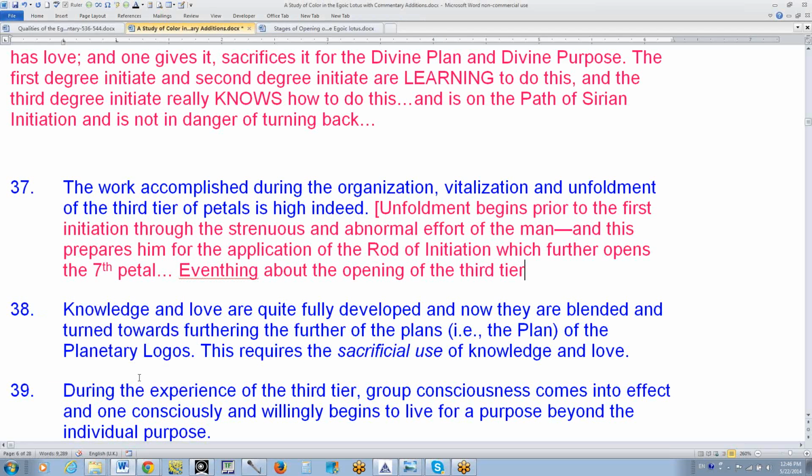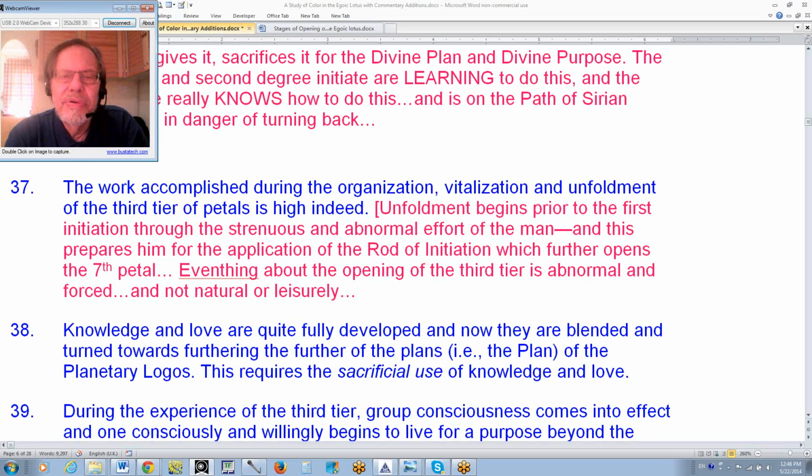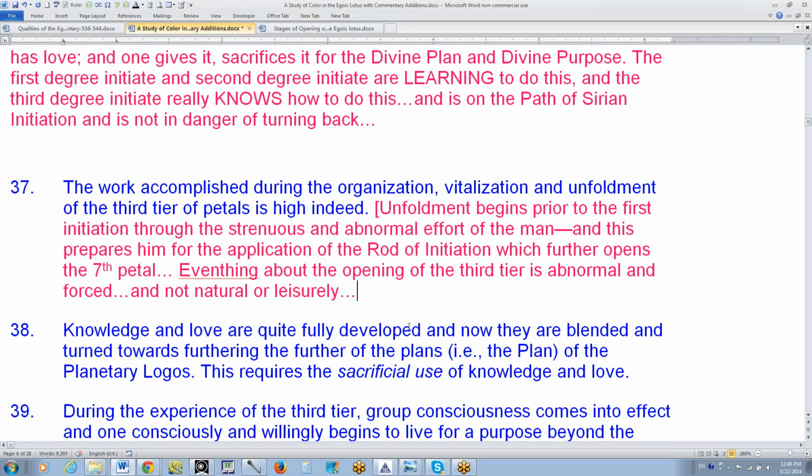Everything about the opening of the third tier is abnormal and forced, and not natural or leisurely. And there are many people, I have learned, who are not really going to tread the path of initiation. They will depend upon the slow lifting of all human beings through the ongoing planetary process. They will not pass through individual initiation or initiation in small groups. They are not willing or inclined to make that abnormal and strenuous effort, a strenuous, abnormal effort.